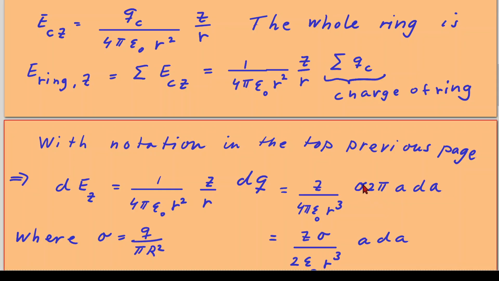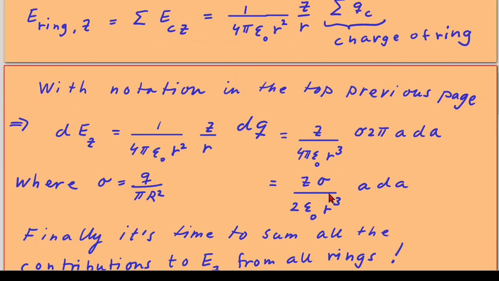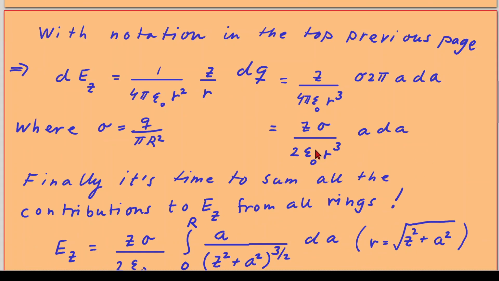Remember, sigma 2πa dA. That's the Q. Okay, and that can be simplified, 2π there, 4π there, so that's a 2 epsilon naught, C sigma a dA is still there. So this is the contribution from one ring.